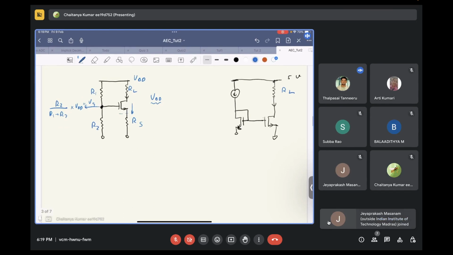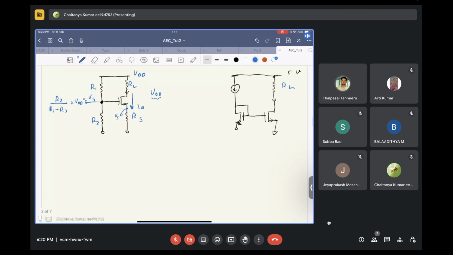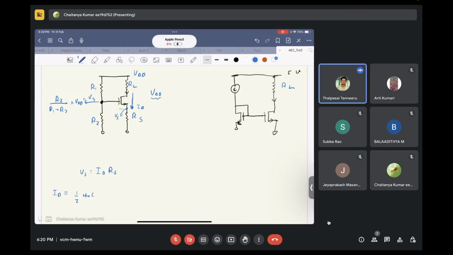Now, how do you calculate it? Let's assume this voltage is VS, and the current through this transistor is ID. Then what is VS equal to? ID into RS, right? Now, if the transistor is in saturation, what is ID equal to? 1 by 2 mu n Cox W by L into (VGS minus VT) squared.